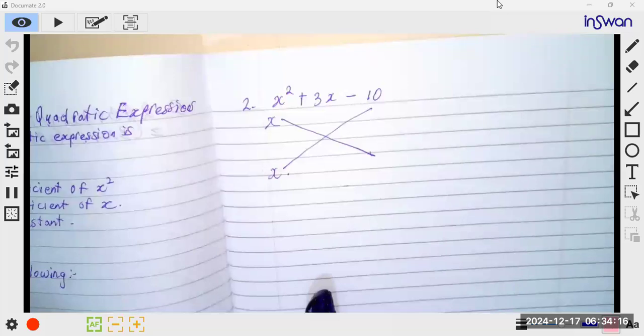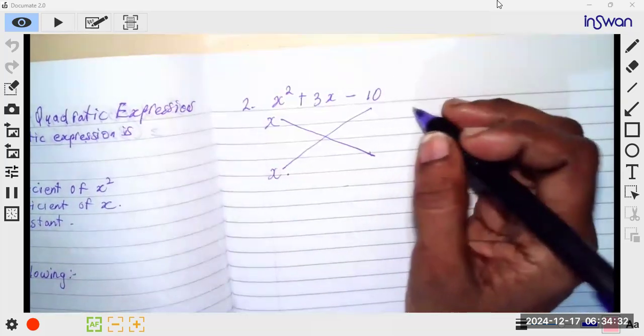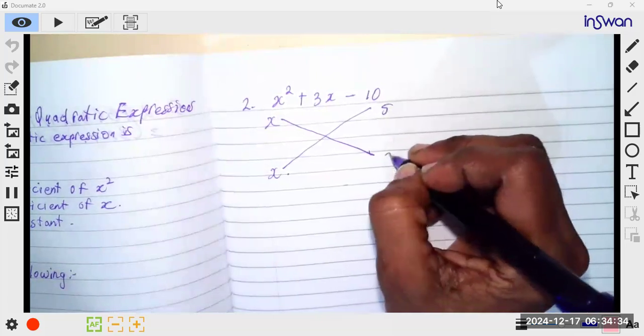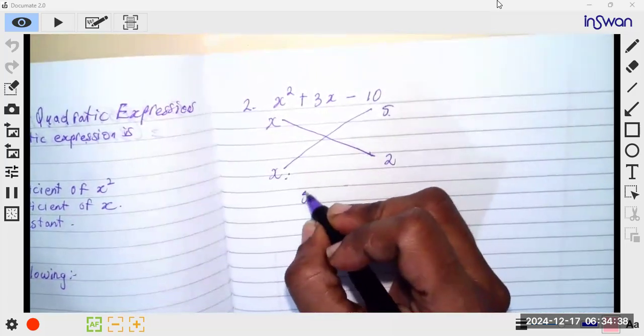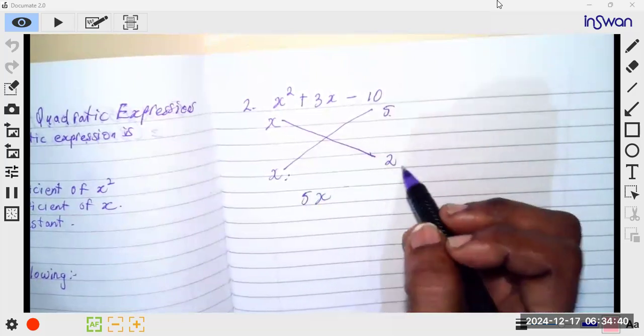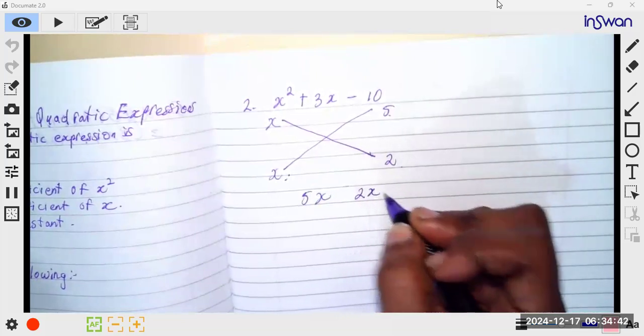What two numbers, when we multiply, will give us 10? 2 by 5 or 5 by 2. So 5 times x will be 5x. x times 2 will be 2x.